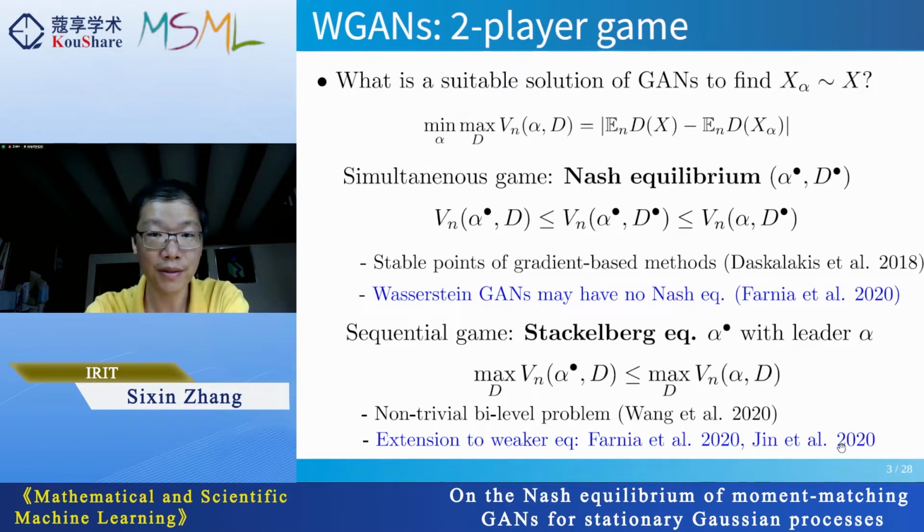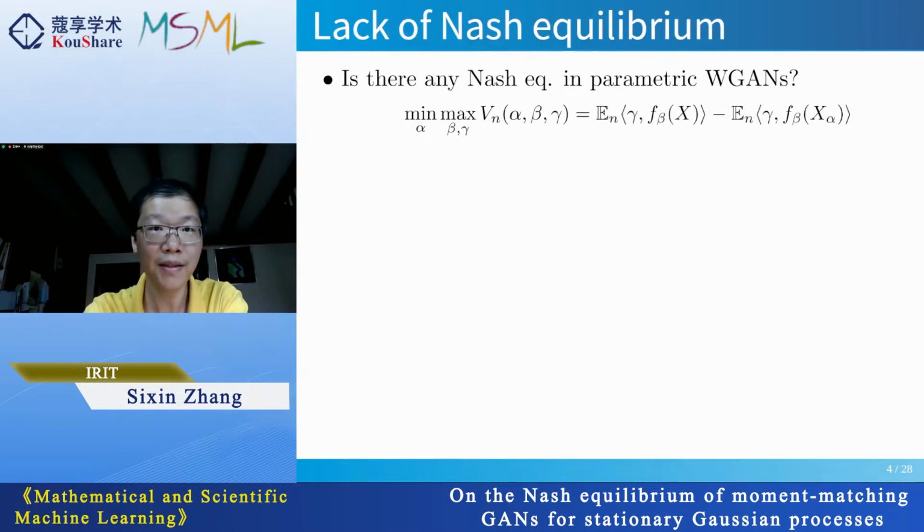Facing these problems, what is going on in practical GANs? In Wasserstein GANs, there were some numerical studies about whether there is any Nash equilibrium in this form of problem, by minimizing over alpha the max over beta, gamma, which are two parameters often used in Wasserstein GANs.